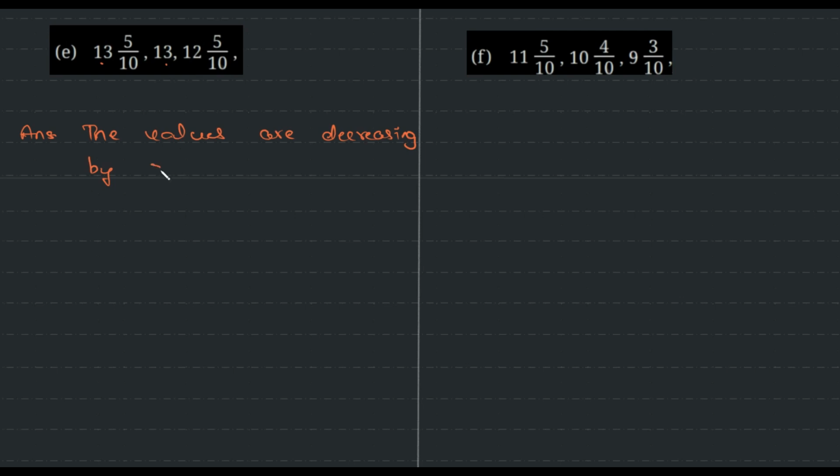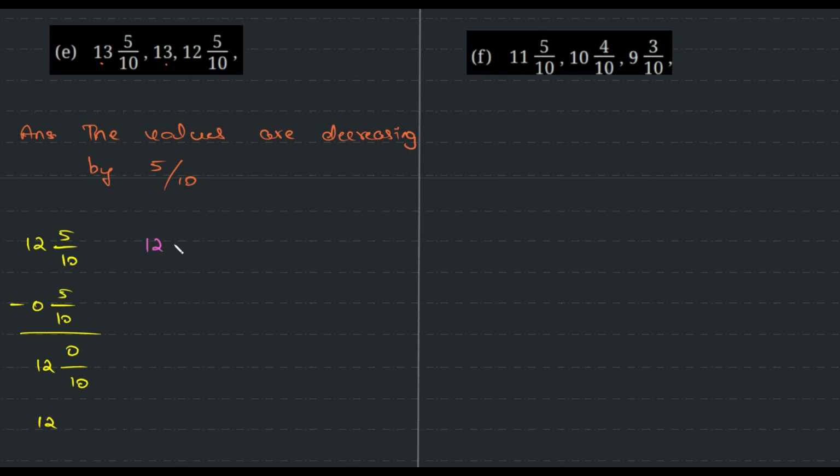So basically 5/10. Agree? So 5/10 is the amount of reduction happening. So 5/10, 5/10, and so this is 0, 10, and this is 12. So basically this is nothing but 12.